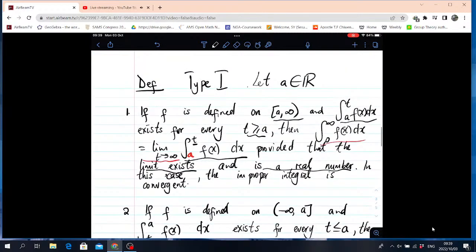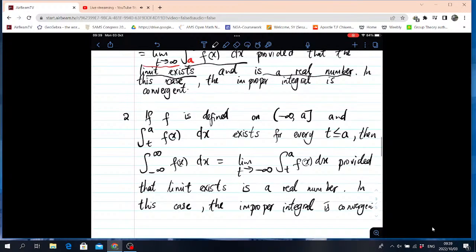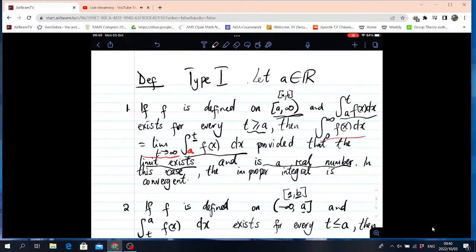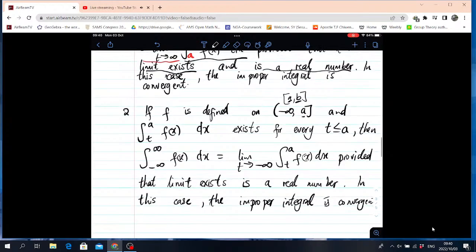So instead of having a to b, we've got this. Now again, the b here is the a, and then the a becomes minus infinity. So we are just doing the corresponding definition for minus infinity.